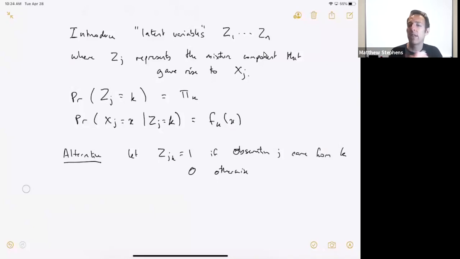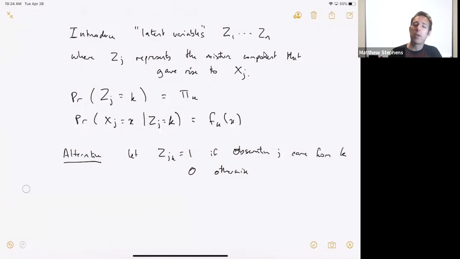I'm going to potentially use Z in both ways. Sometimes it's more convenient to use Zj equals k and let Zj denote the index 1 to capital K from which Xj came.